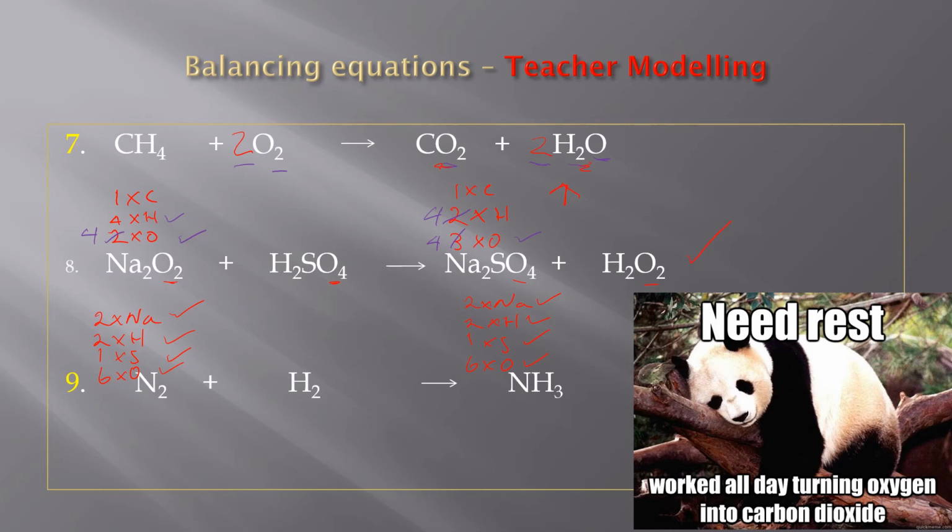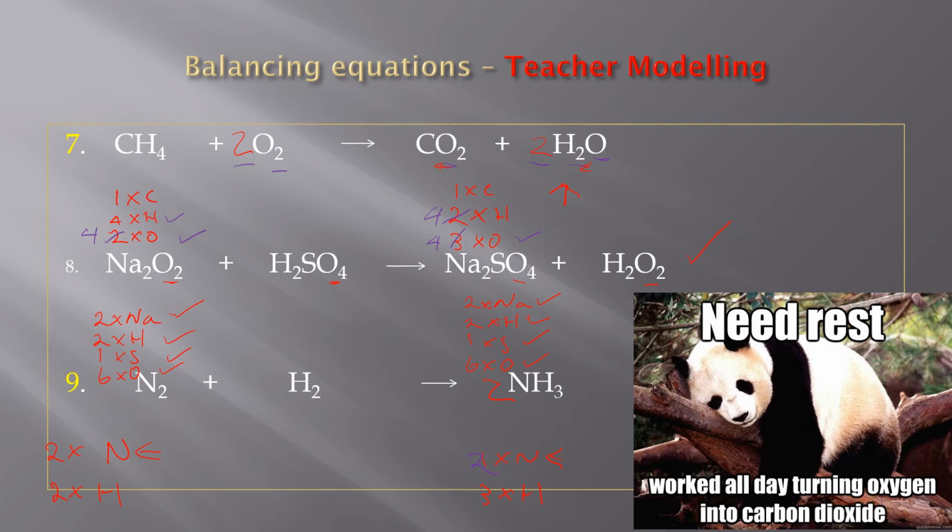All right, last one. So you can see that none of these are balanced on either side. So let's start with our nitrogens. I have 2 over there, but 1 over there. So if I put a 2 in front of him, that makes that 2.